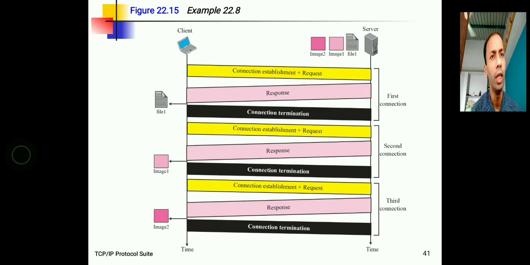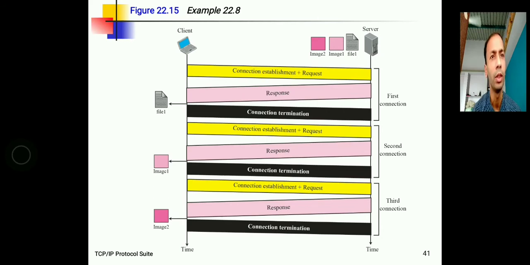But that response only includes the actual File 1 with textual information. The image files, image 1 and image 2, which are part of that File 1, are not yet transferred to the client.